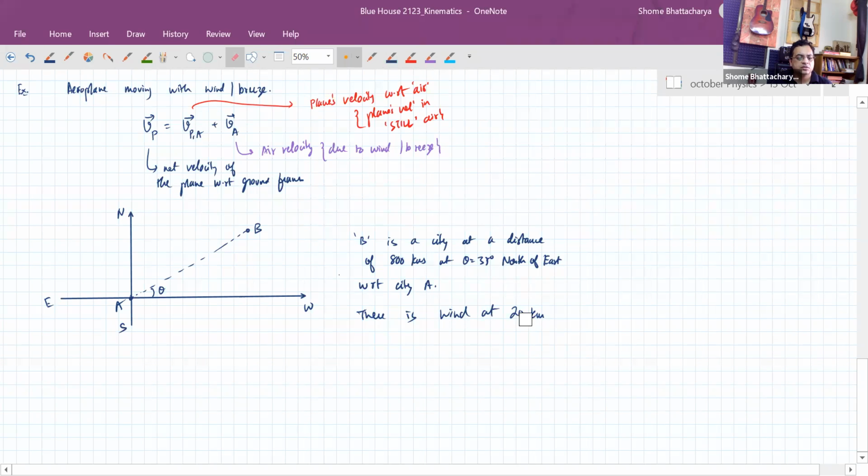So there's too much wind speed. Let's say there's a wind at something like 5 kilometers per hour along west.